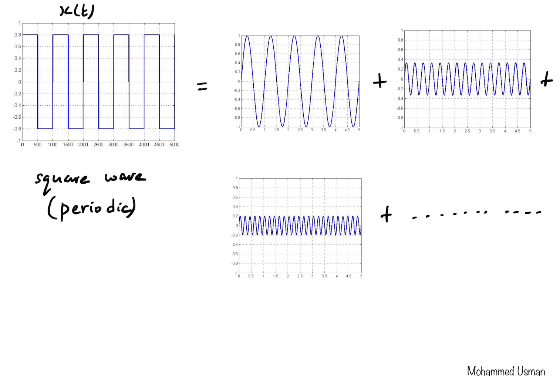So the square wave has a 1 hertz component, a 3 hertz component, a 5 hertz component, and further a 7 hertz, 9 hertz, 11 hertz component and so on. If you add all of these frequency components, each with its specific amplitude, we get back our original square wave, or the square wave can be broken down into its individual frequency components.